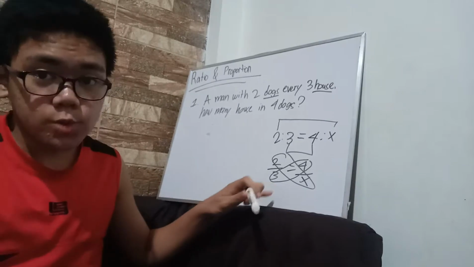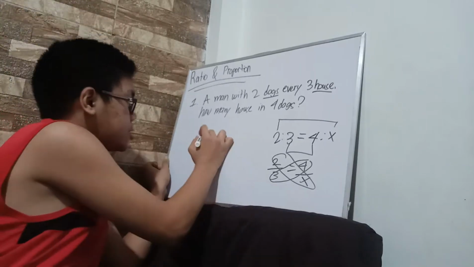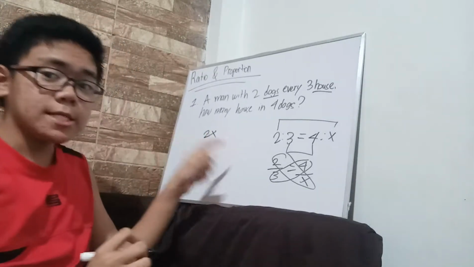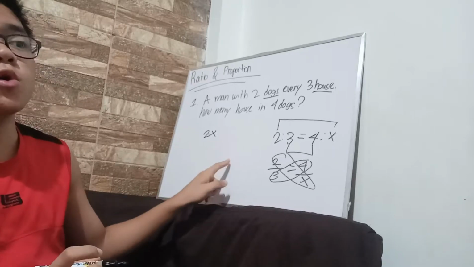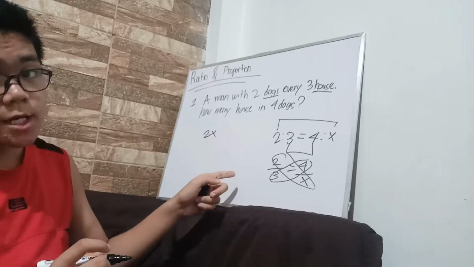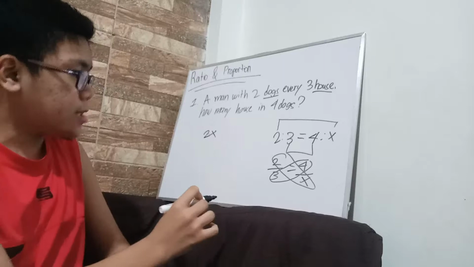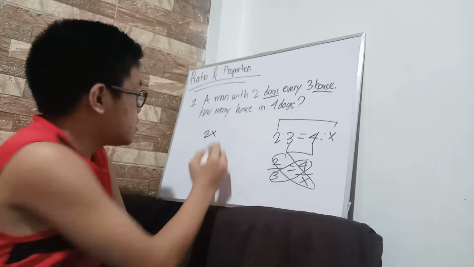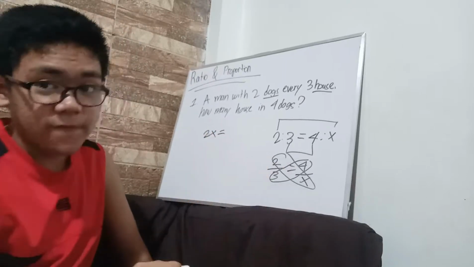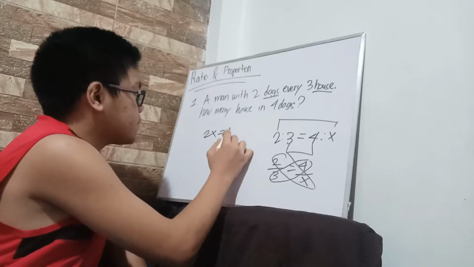So, ayan nga po, cross multiply. And then, it will be 2x. Pero, isasama niyo pa rin po yung kanina sinulat ko. 2x there is equal to 3 times 4, 12.